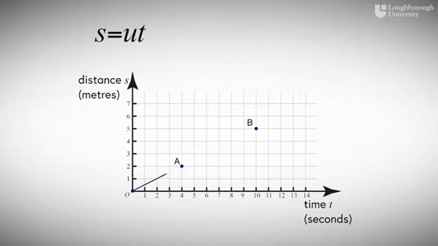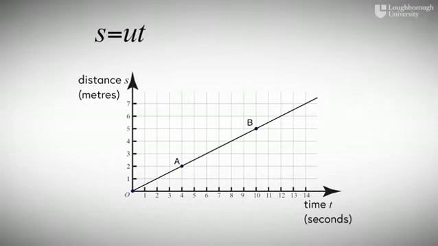A graph of s plotted against t using the equation s equals ut is a straight line graph known as a distance time graph. A typical distance time graph is shown here. The distance s is plotted on the vertical axis and the time t is plotted on the horizontal axis.